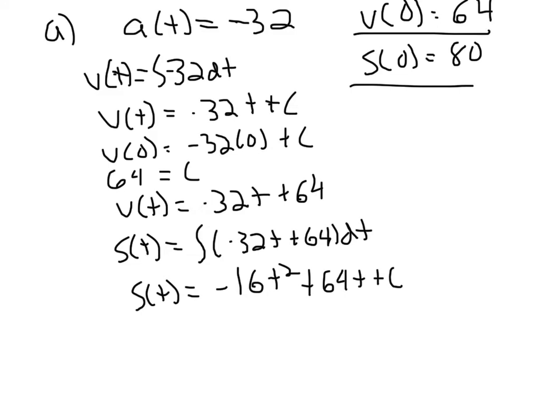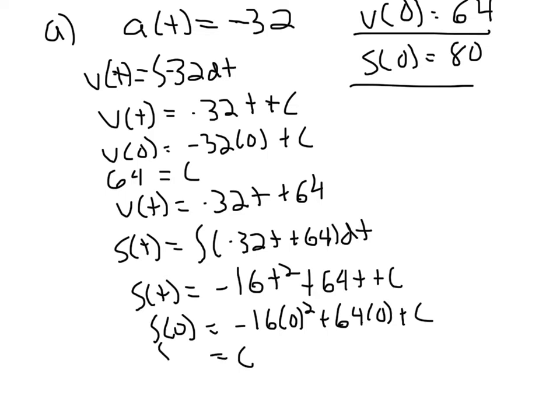The initial height is 80. So S of 0 is equal to negative 16 times 0 squared plus 64 times 0 plus c. So that c is equal to 80, and my position function S of t is equal to negative 16t squared plus 64t plus 80.